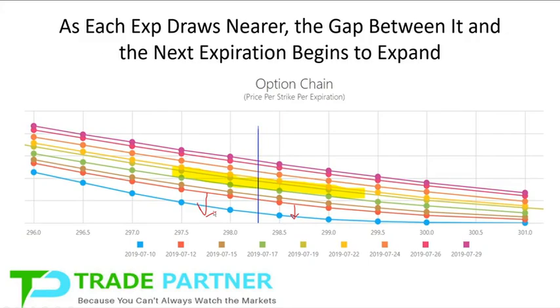So the 297.50 call, for example, is priced at whatever it is priced at, say $1, and then the 297.50 call that expires on 7/12 is priced at $1.50, and so you have a calendar spread here. Each of these is basically a calendar spread, and you're looking at the difference in price that would create it.